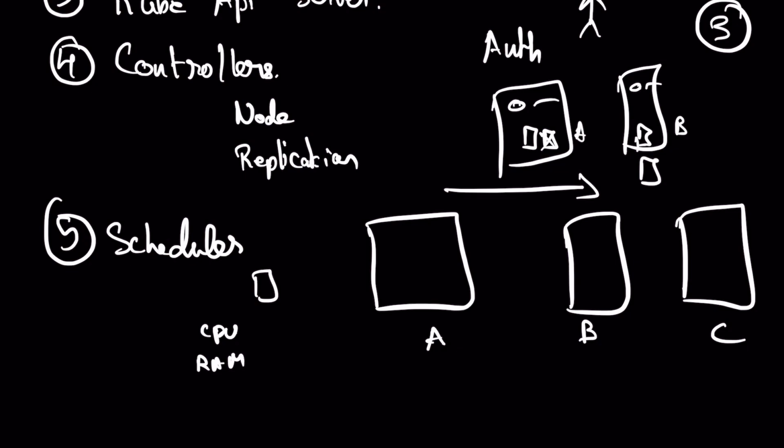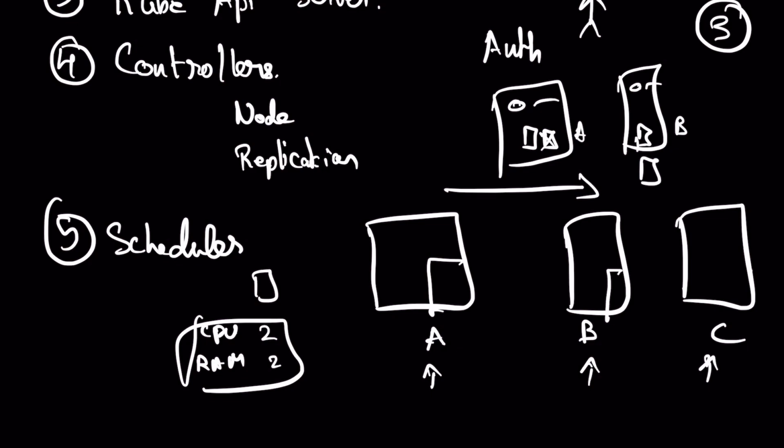Then it checks each node. If 2 CPUs are requested, it checks if there is available space in these nodes, and depending upon that it places the pod in A, B or C.